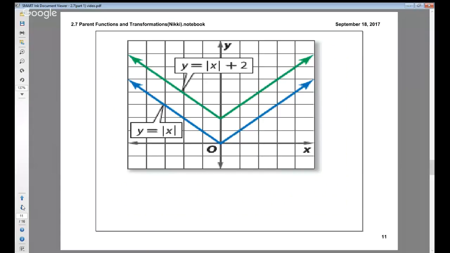We identified the parent function, which was the absolute value of x, and then its child function has similar characteristics of having an absolute value graph, which is just the V. The only difference is that it went up 2 units from the parent function, just like that. So far, this is actually a pretty easy topic, as long as you just remember that adding goes up and subtracting means going down.